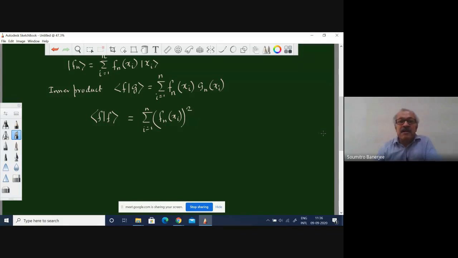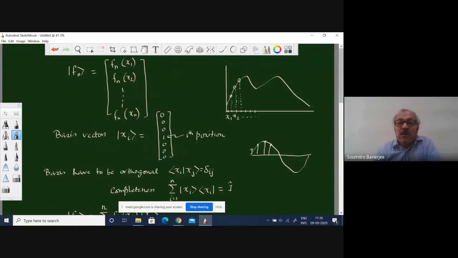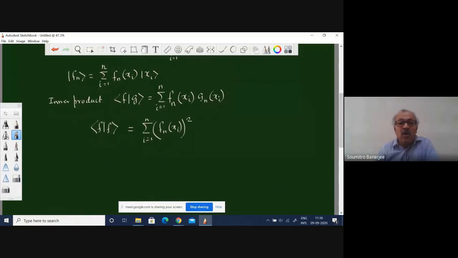This number should signify the magnitude of the function, and that should not blow off. But here I have a number of these, and the more you increase the number of divisions, that means you make smaller and smaller divisions, this number will tend to blow off.